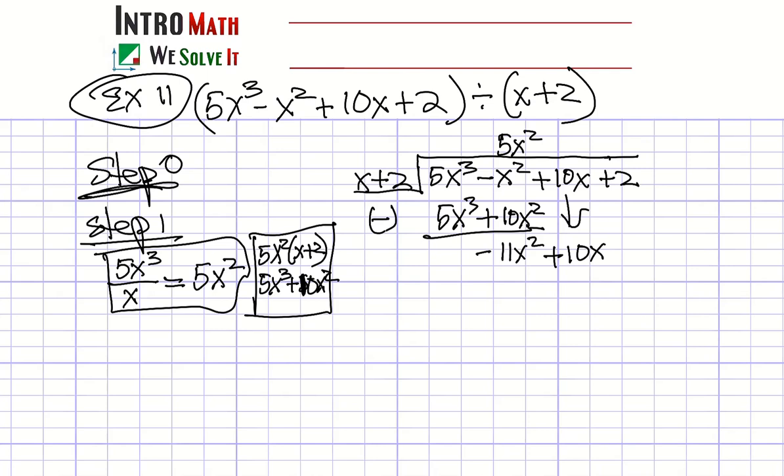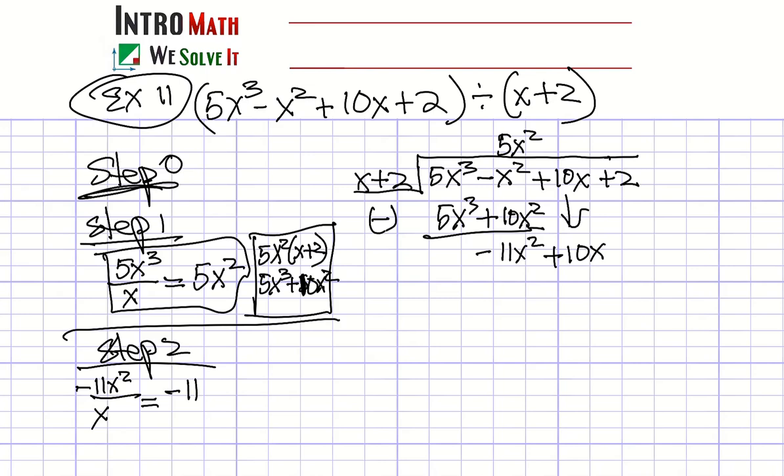So we repeat the process, okay? Step 2. We repeat the process. It's negative 11x raised to power 2 divided by x, you get negative 11x. You see it, right? Negative 11x. You know what? I don't want to take up all the space. Let's do it here. Negative 11x times x plus 2.